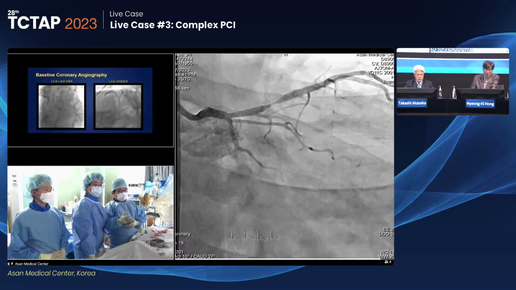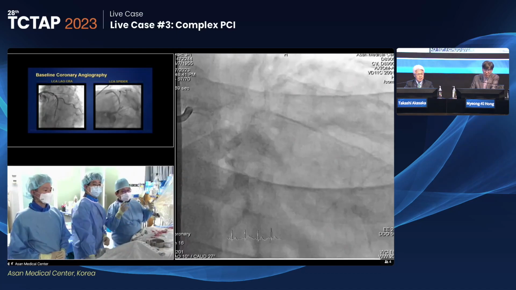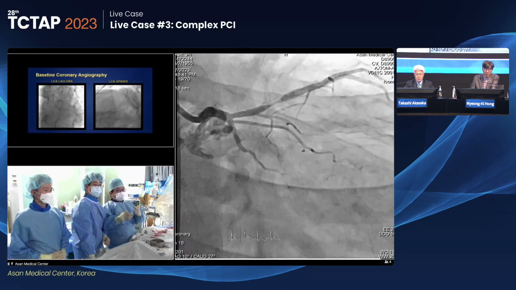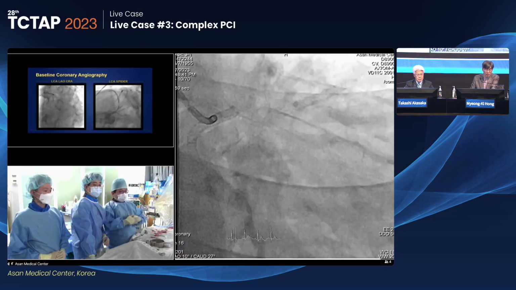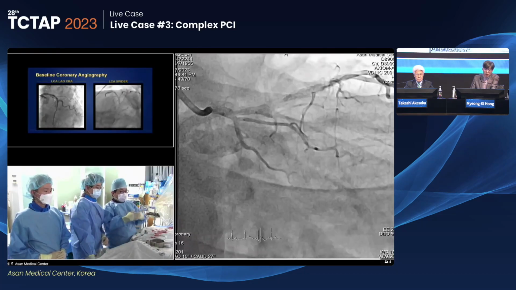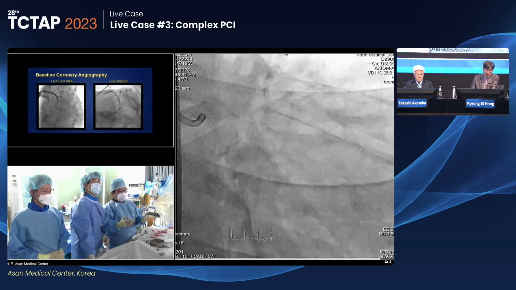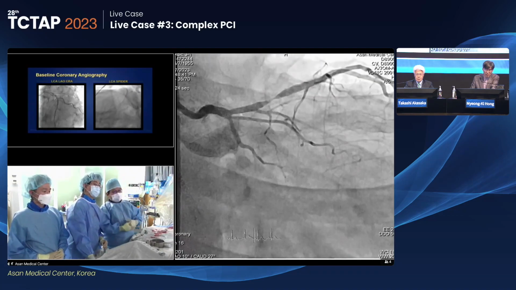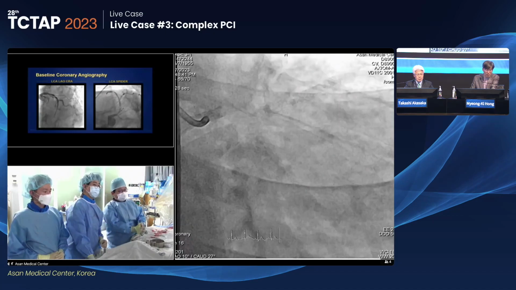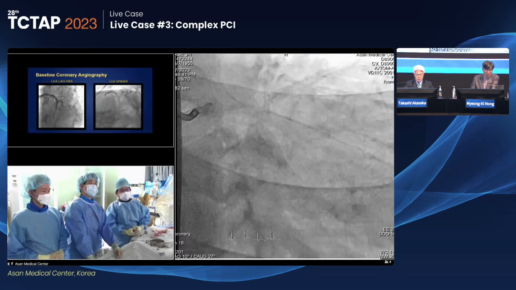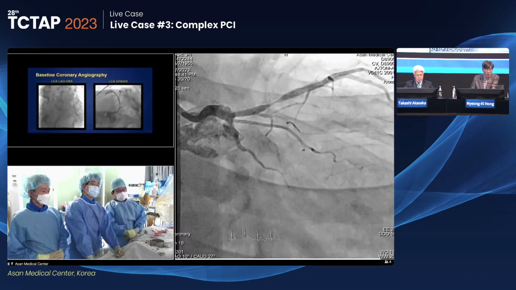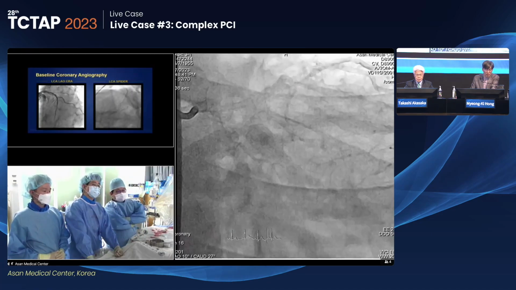We treated the 2 vessels and left the 1 vessel CTO. So even after the PCI, even though there was one CTO lesion in the circumflex, the patient was doing very well without any effort-related chest pain. Recently, the patient's effort chest pain recurred.